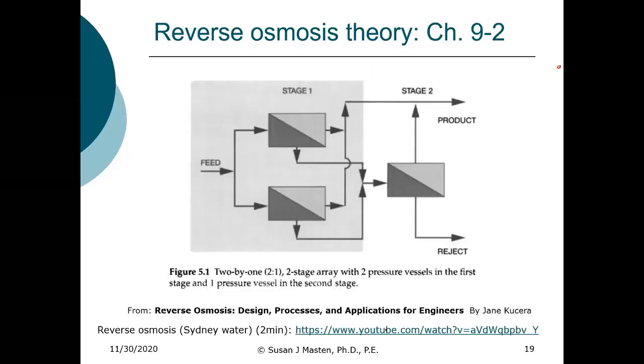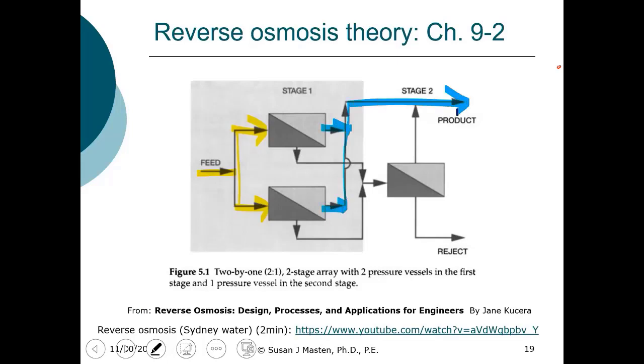Now, the other terminology that's used is about arrays. So we have feed water. We have product water that we're producing. So this is our product water here. We have our reject stream, and we're taking that reject stream and passing it through a second membrane system.